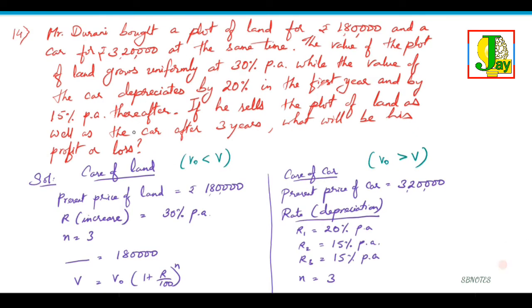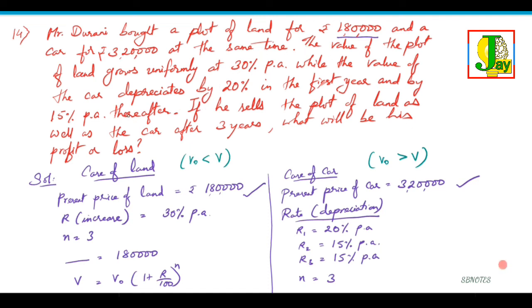Now in this question we have both a growth problem and a depreciation problem. So here we can see Durrani bought a plot of land. The price of the land is 1,80,000 and the present price of the car is given as 3,20,000.